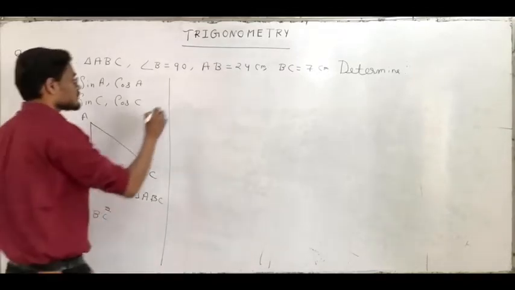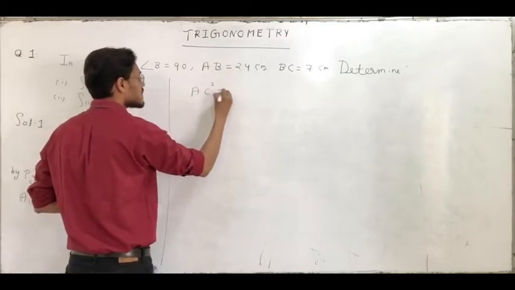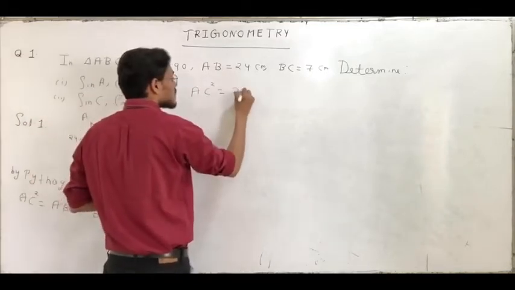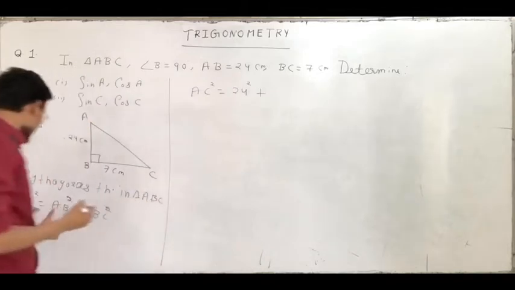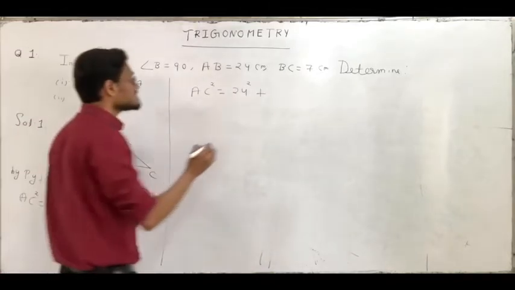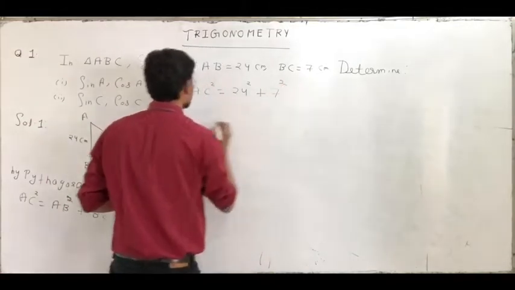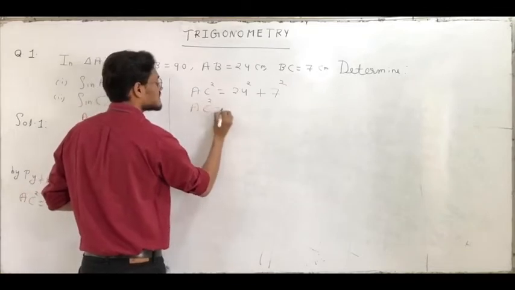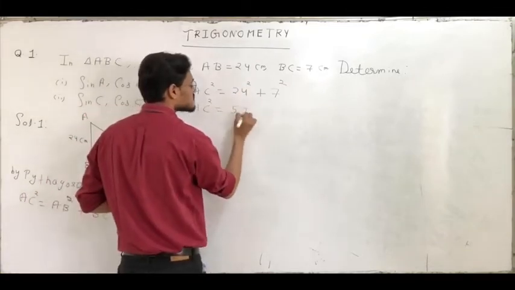Now AC square is 24 square, because the value of AB is 24, and BC is 7 square. So yes, I can write 24 square is 576.